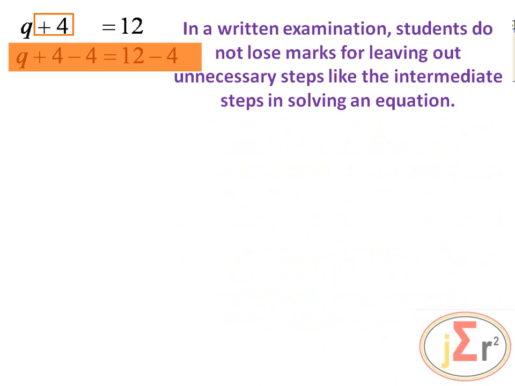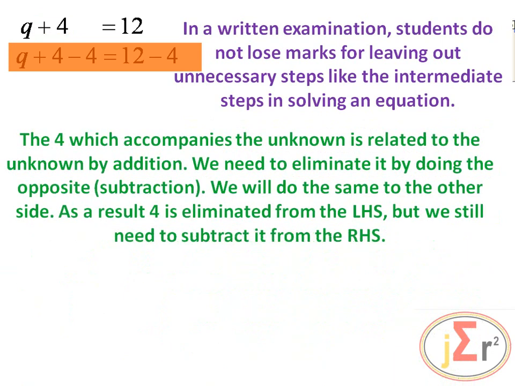like the intermediate step in solving an equation. If we have Q and 4 is added to it on that left-hand side, then what do we do? We eliminate the 4 by subtraction. And we need to also subtract 4 from the other side. As a consequence, the 4 will be eliminated from the left-hand side, and we need to complete the subtraction process on the right-hand side.